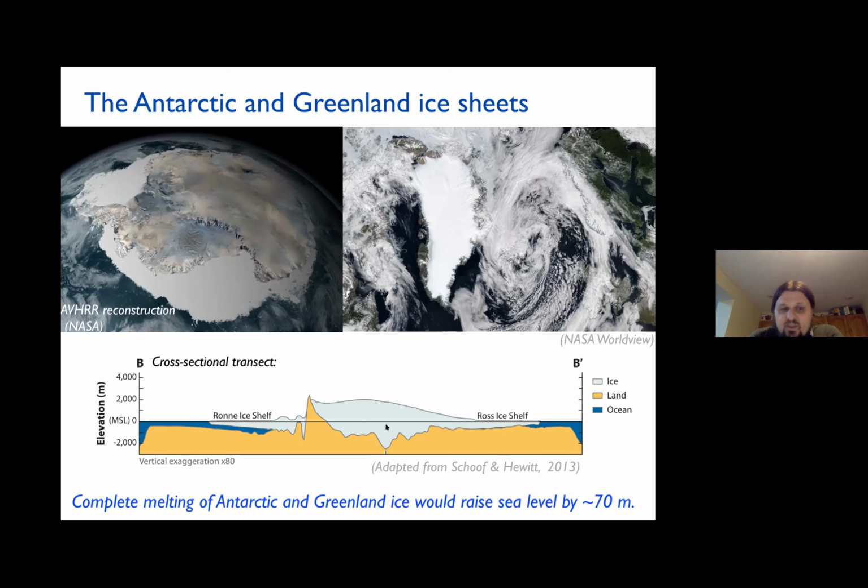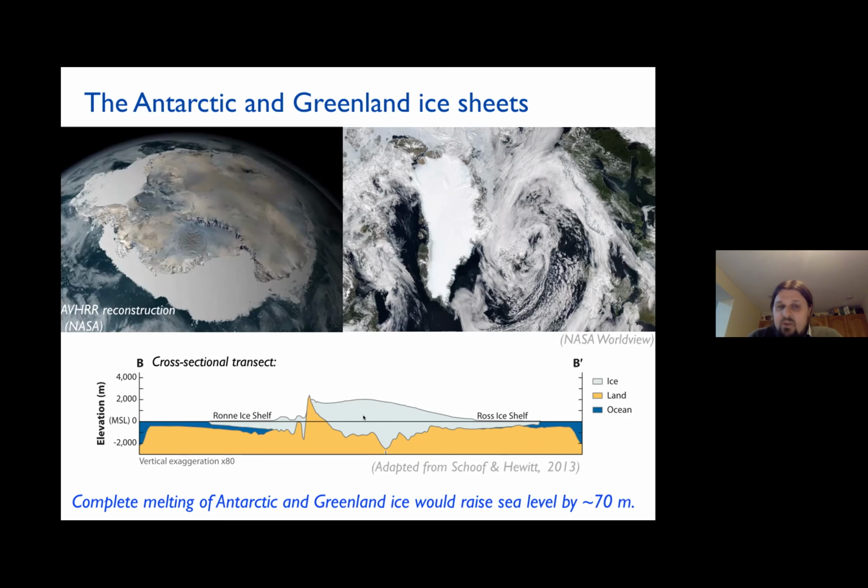So a few kilometers in scale, so thousands of meters in scale. But this vertical thickness is much smaller than the horizontal extent. So when we come to describe these ice sheets later, we're going to be thinking about relatively thin films of ice and how they evolve.